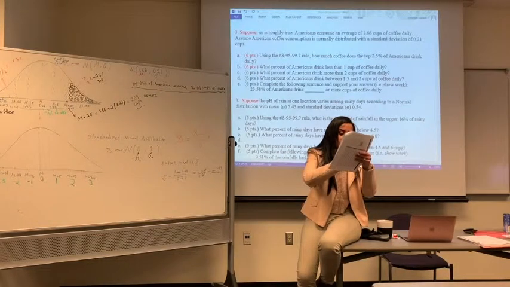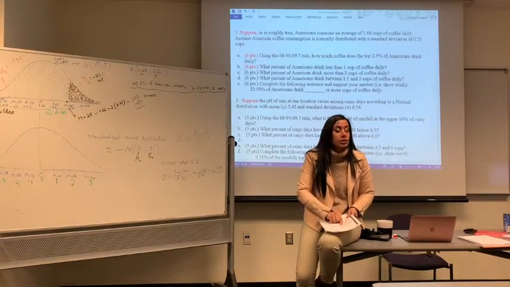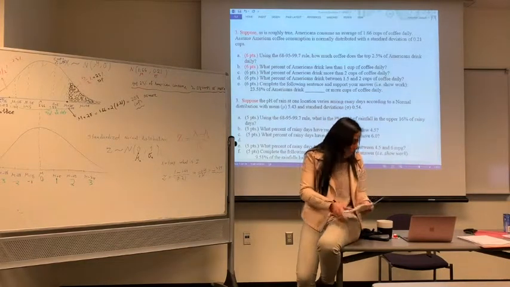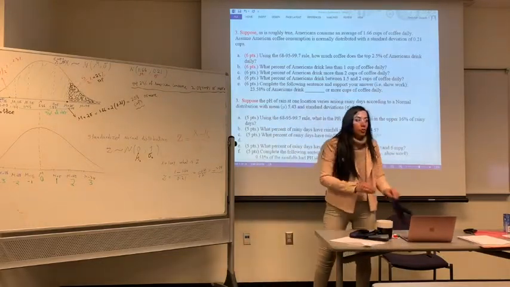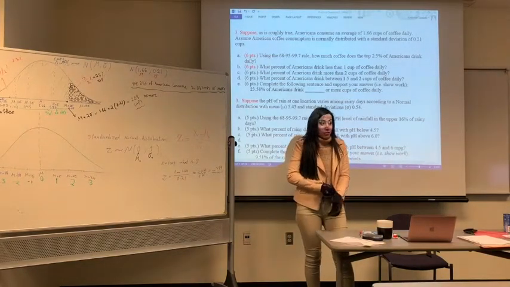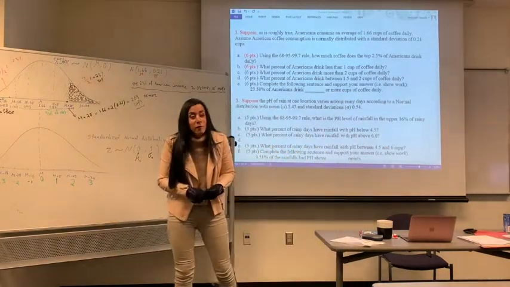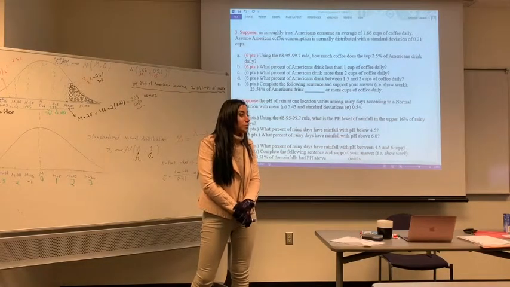Did you find the intersection between these two numbers? Yes. So the number you see is 0.0008. This is the probability. If the question asks what % of people drink less than 1 cup of coffee, we should convert this number to a percentage.